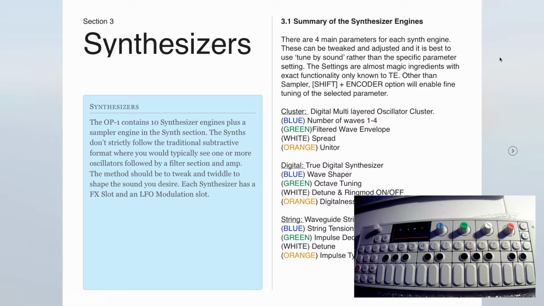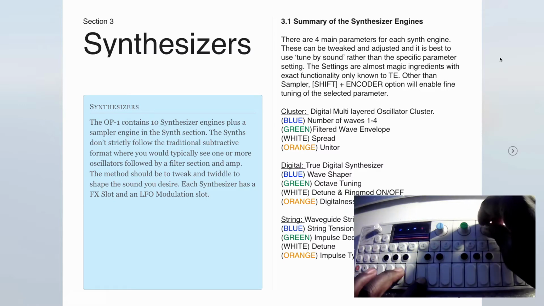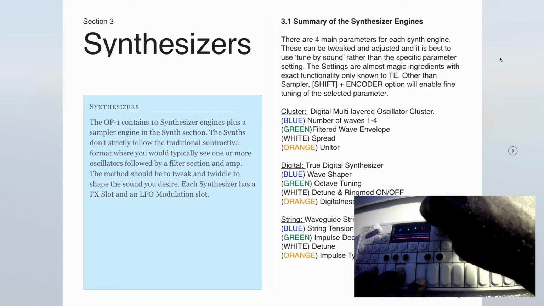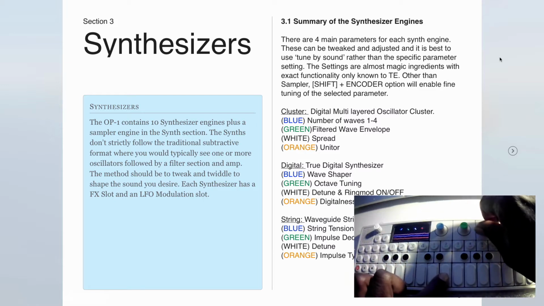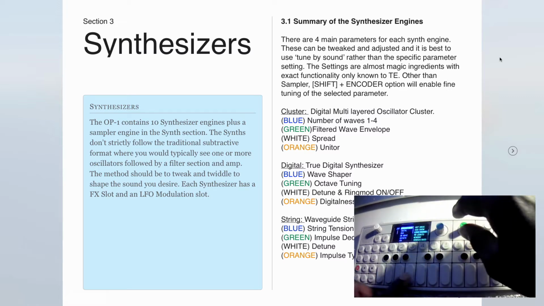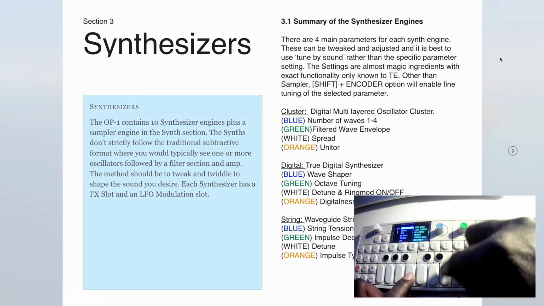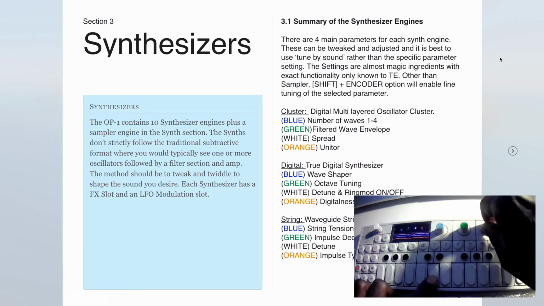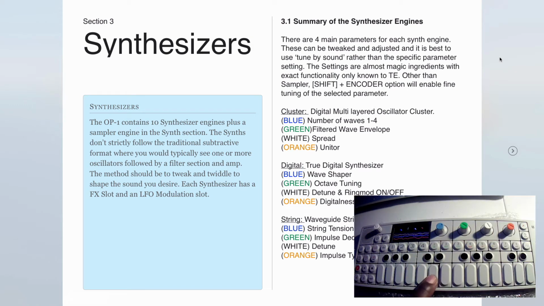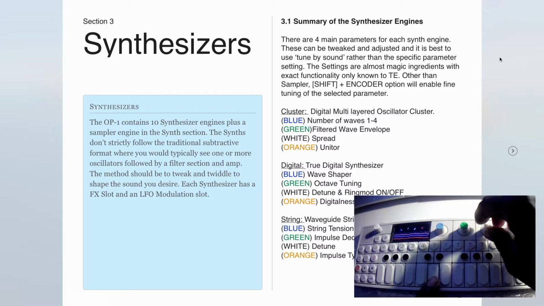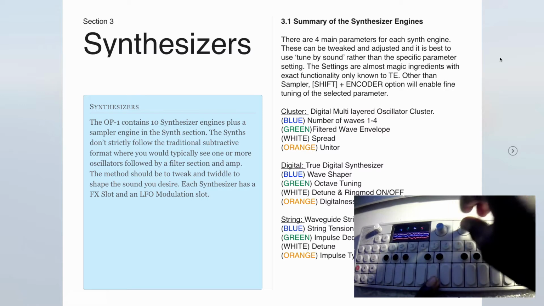The white knob, when you're in the cluster synthesizer, controls spread. Let's choose another preset in the cluster. Right, so that's spread fully open, that's spread closed, and that's spread halfway. It's almost like a kind of chorusing effect, isn't it?